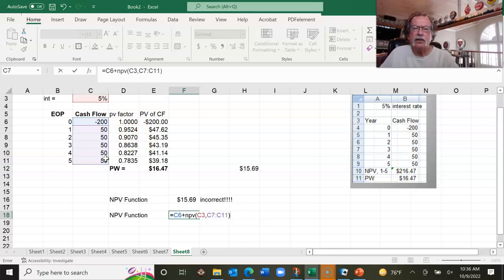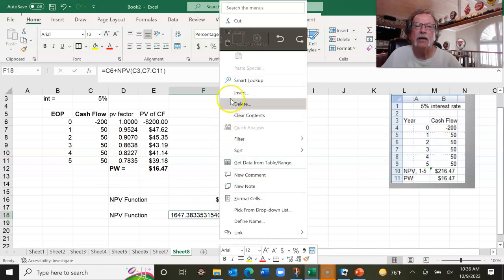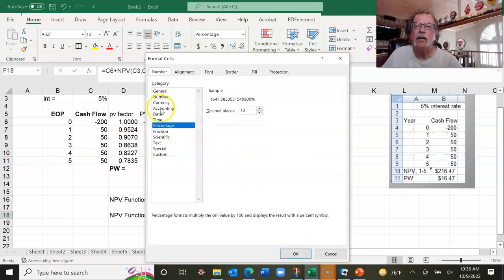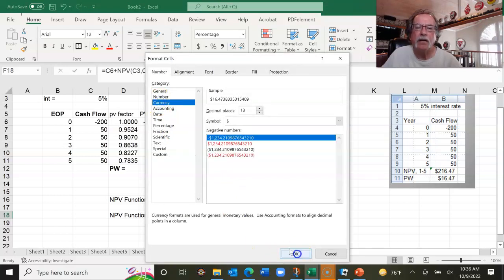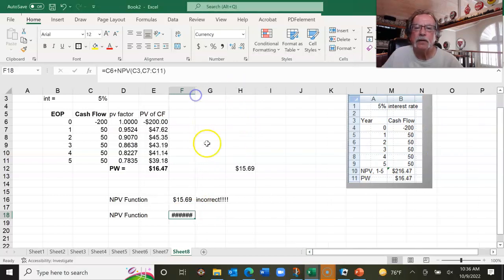And that is the correct way to do it. So it treats the first cash flow as time period 1. Whoops, that shouldn't be a percent. Don't know why that did that.